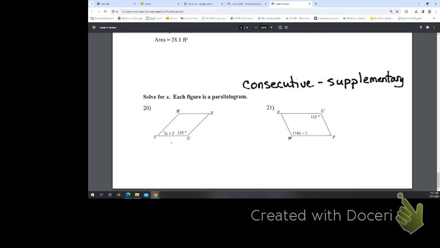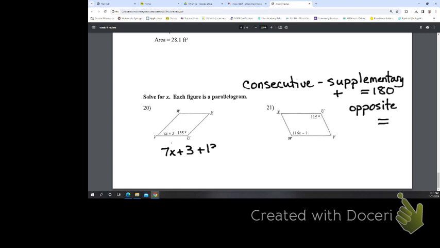So if the two angles are next to each other, you're going to add them to equal 180. If they are opposite of each other, like across from each other, then they will be equal. They are congruent. So in this case, number 20, these two are next to each other. They're consecutive angles, so they're going to add up to be 180.